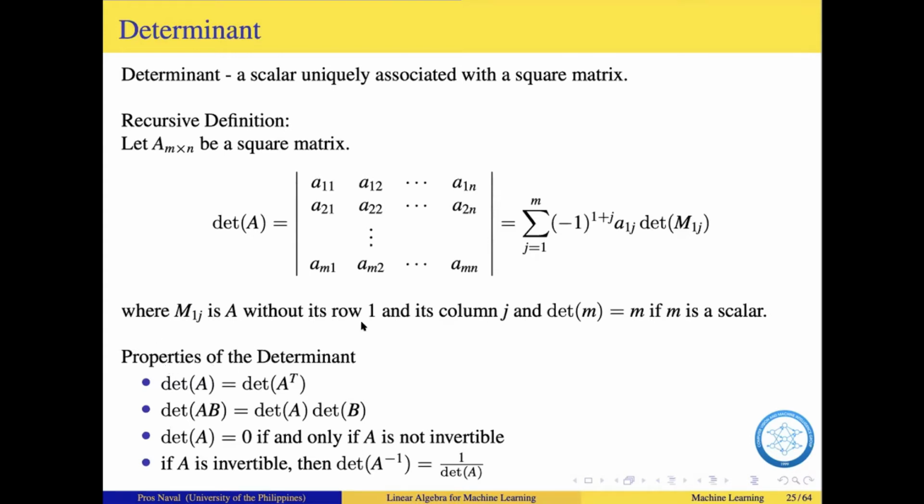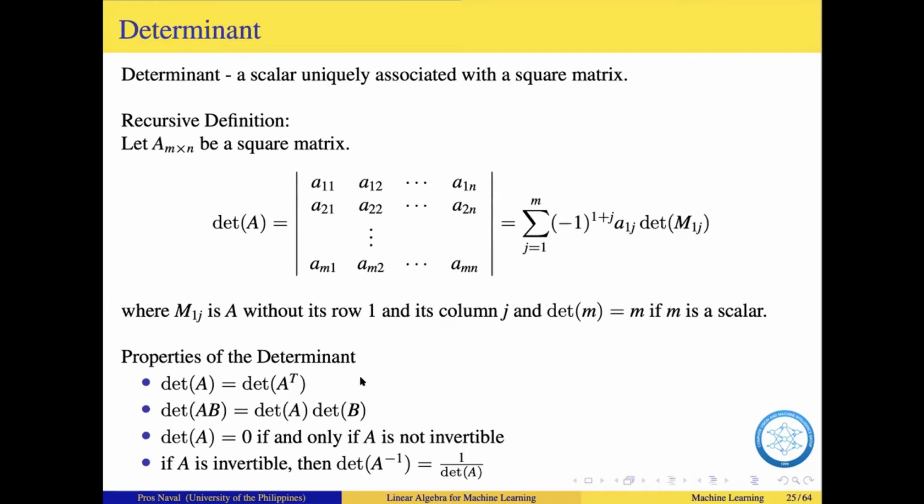The properties of the determinant are the following. The determinant of A is the same as the determinant of A transpose. The determinant of a product AB is the determinant of A times the determinant of B. And very important, if the determinant of A is 0, that means that A is not invertible, meaning you cannot invert it.